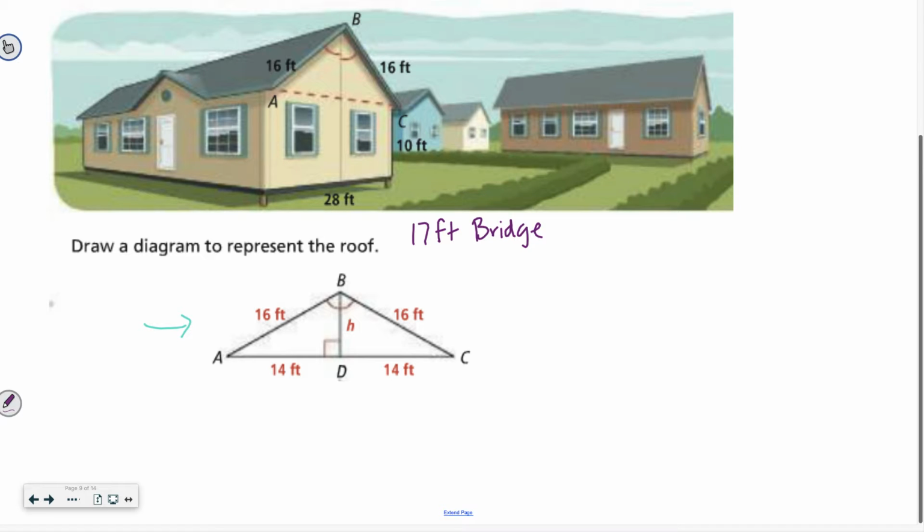Okay, so we want to figure out how high is this. Now if we have a perpendicular bisector in our isosceles triangle, remember perpendicular, we have a 90 degree now. And when we have a 90 degree, we have a special type of triangle. We have a right triangle.